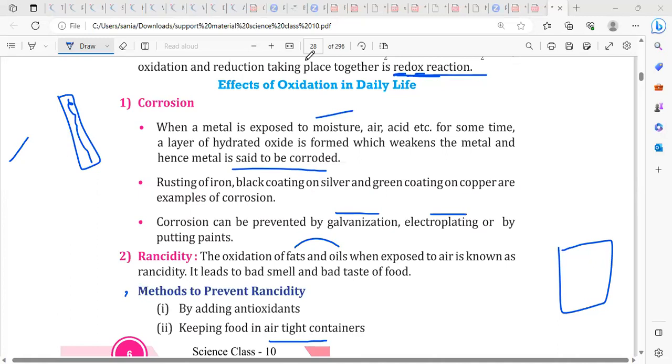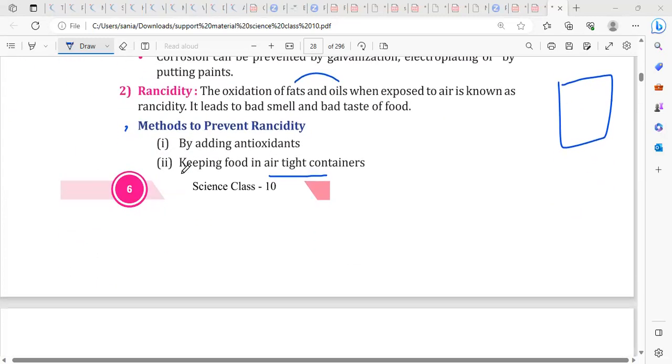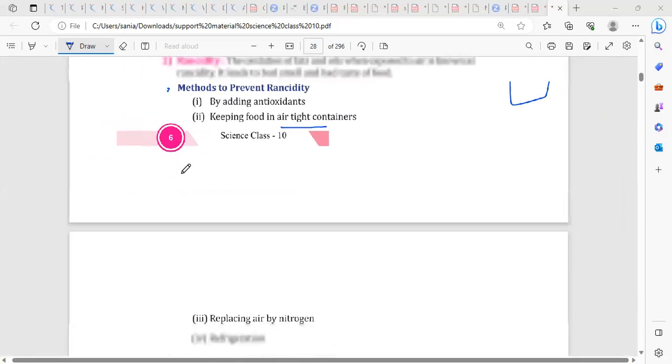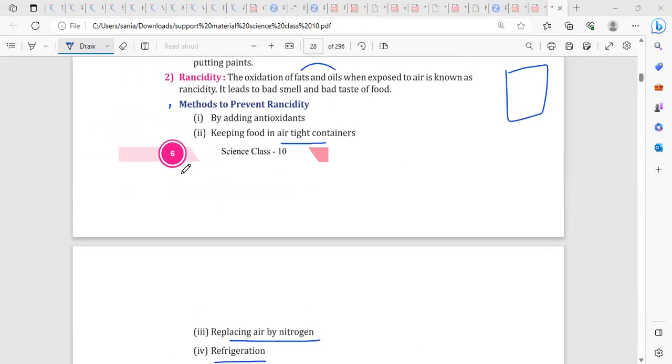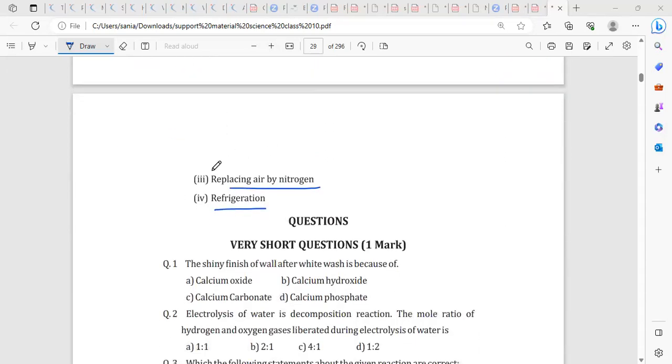Ma'am, I wrote. Ma'am, I wrote it. Okay, you wrote that as well, replacing.